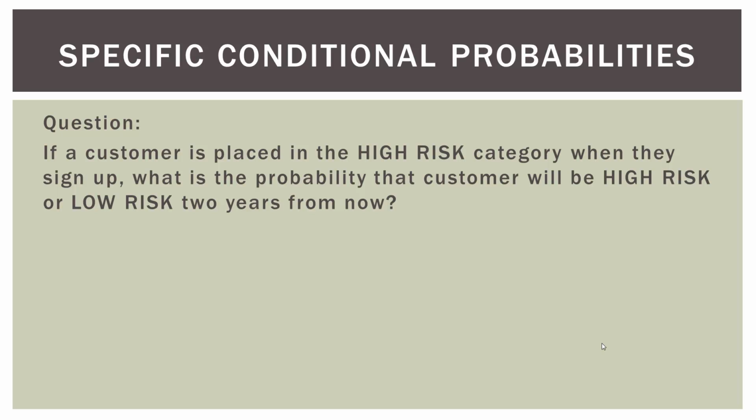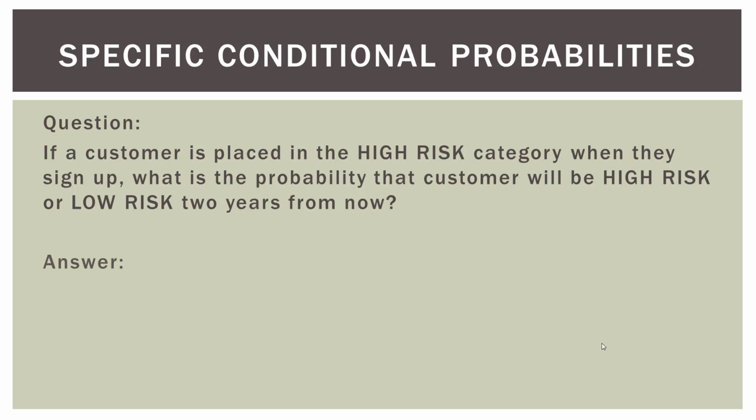Now, we tell them that, based on the information in the company, you have a so-and-so chance of being high risk 2 years from now, or a so-and-so chance or probability of being low risk 2 years from now. And we can actually tell them this information precisely using this Markov process system.